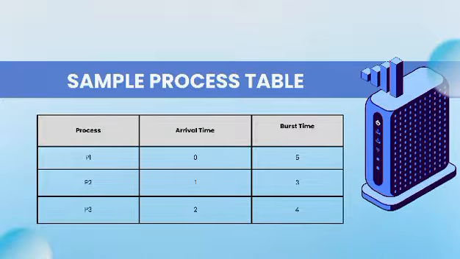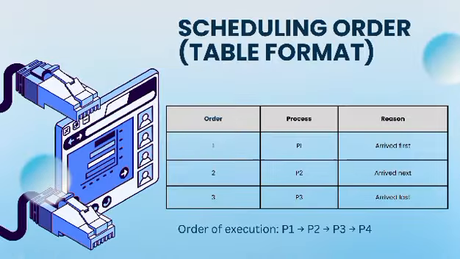Process P3 arrives at time 2 with a burst time of 4 units. These values will help us determine the execution order using the first come, first serve scheduling algorithm.